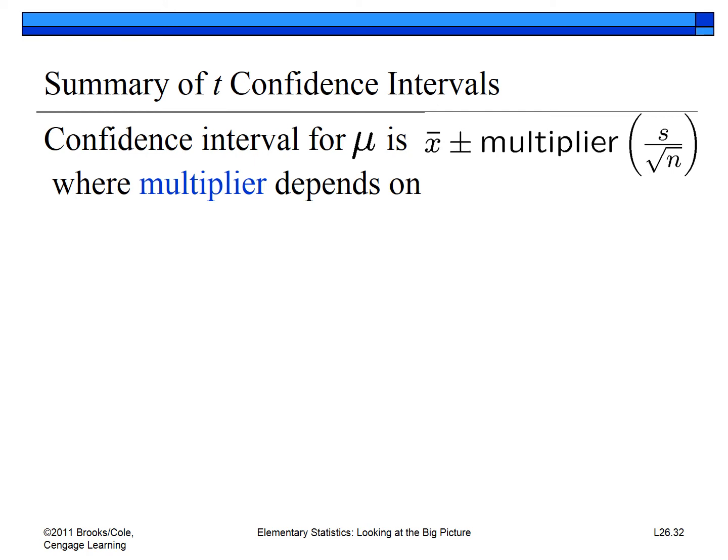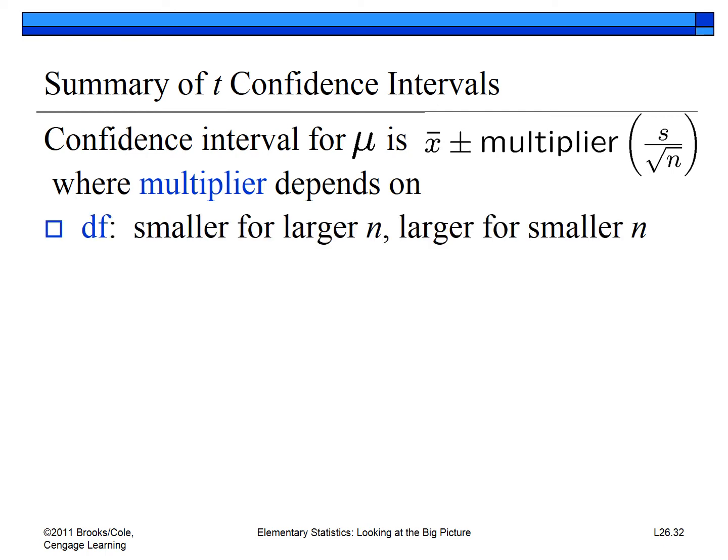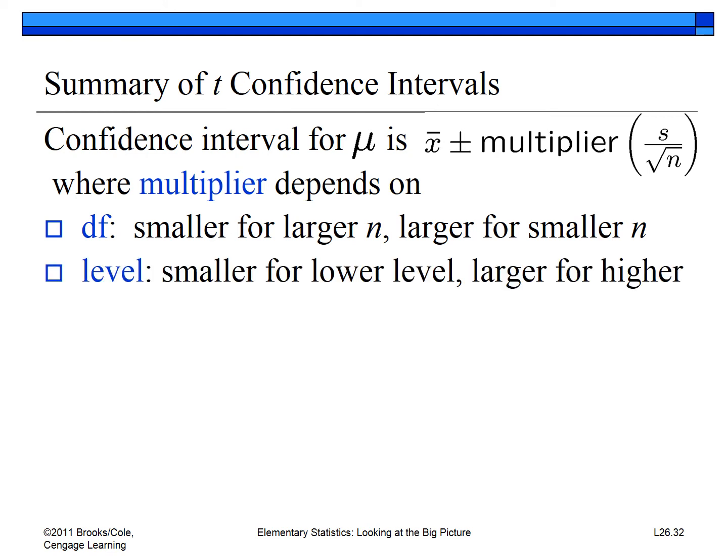It depends on the sample size, which when we subtract 1 gives us the number of degrees of freedom. As n goes up, the multiplier will go down. It also depends on our confidence level. As our confidence goes up, the multiplier goes up.